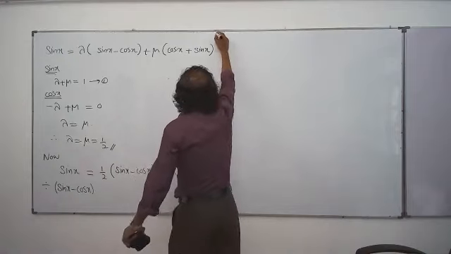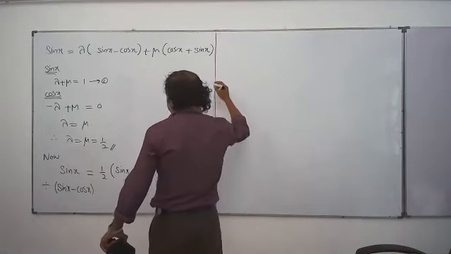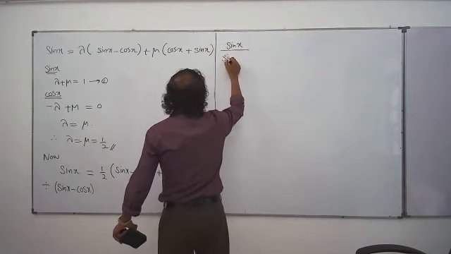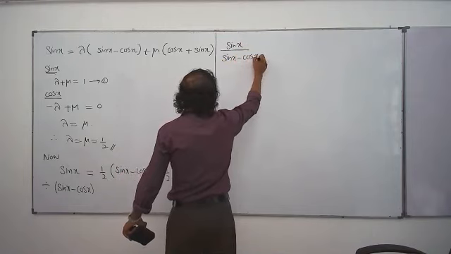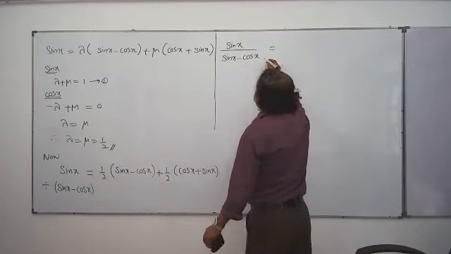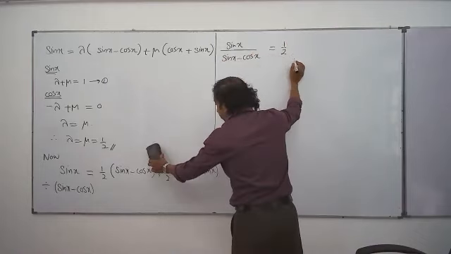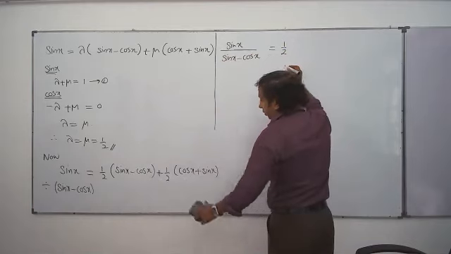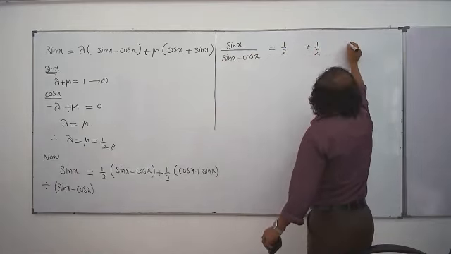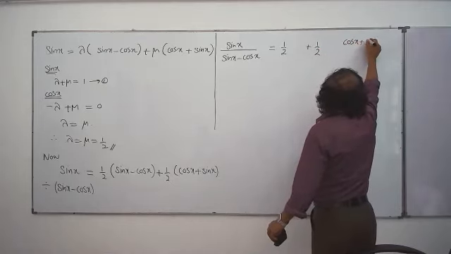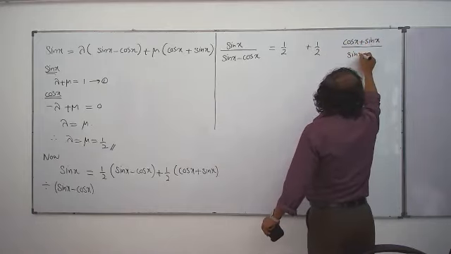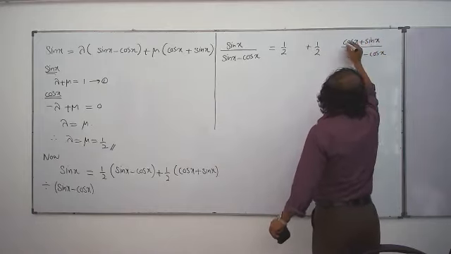Then we get to the left hand side sin x divided by sin x minus cos x, and here half sin x minus cos x, when you divide by the same thing we get 1 there, plus half cos x plus sin x divided by sin x minus cos x.